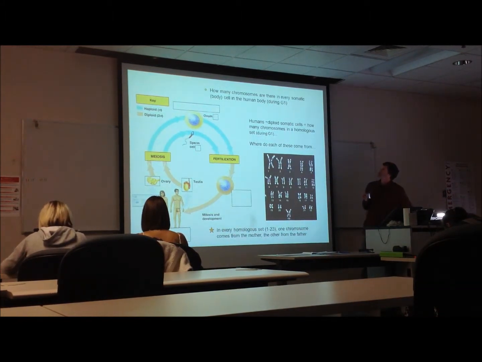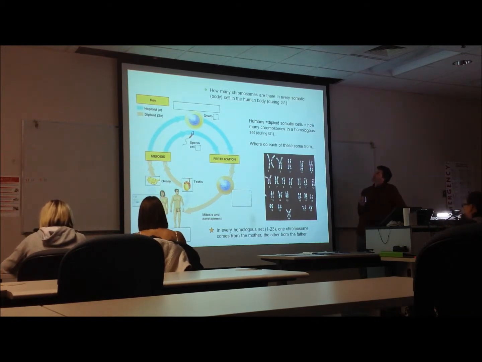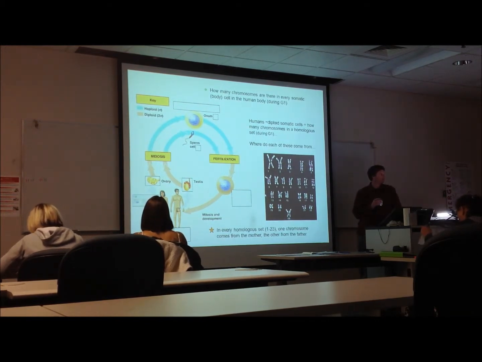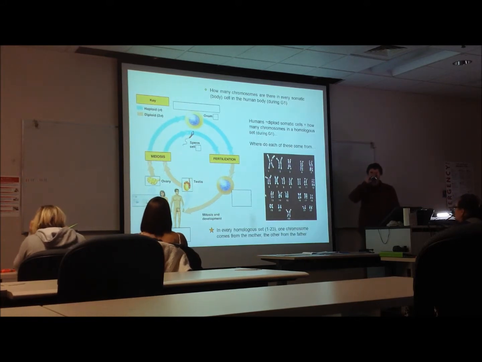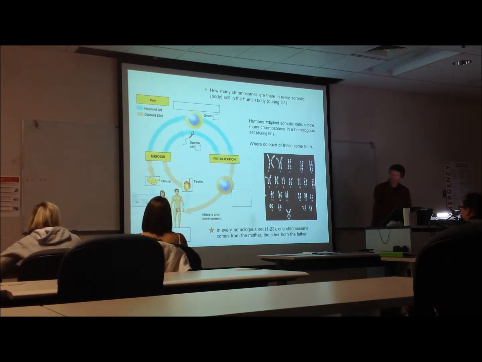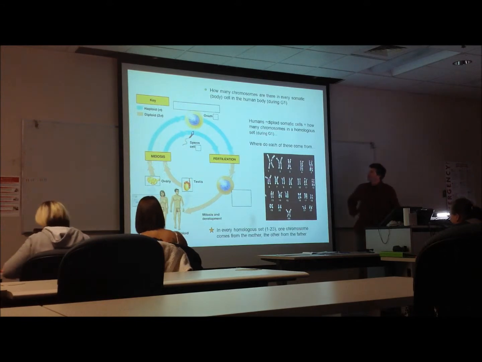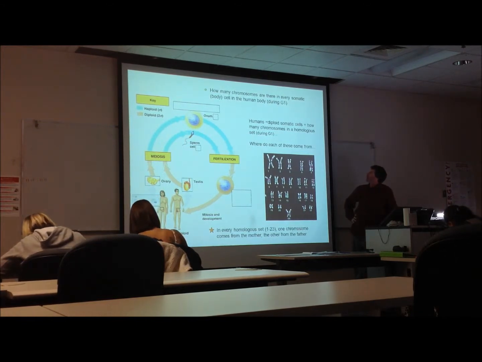How many chromosomes are there in every somatic cell in the human body during G1? How many chromosomes are in each one of our cells? 46 chromosomes. And we are considered diploid organisms.